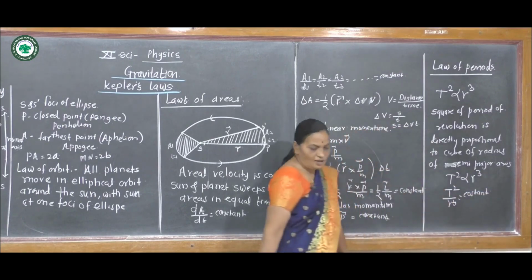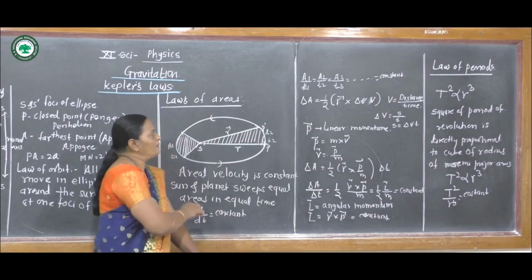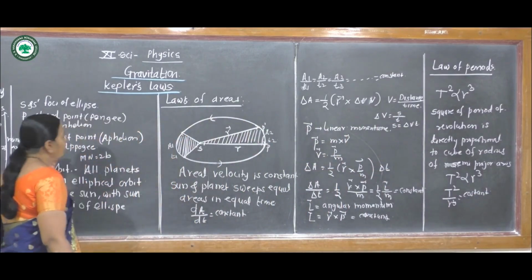These are Kepler's three laws of planetary motion.